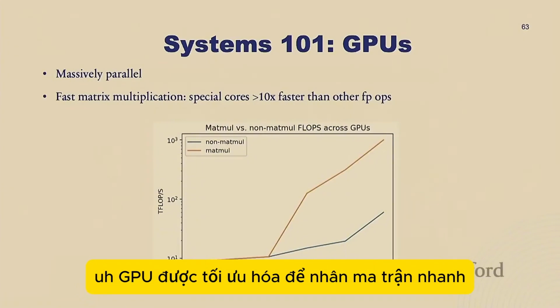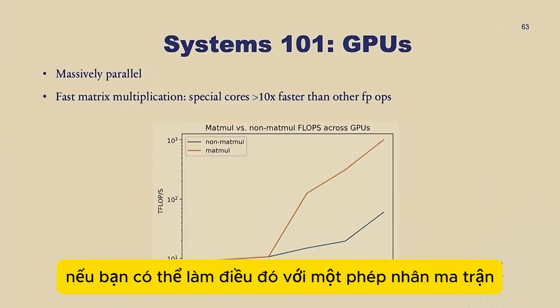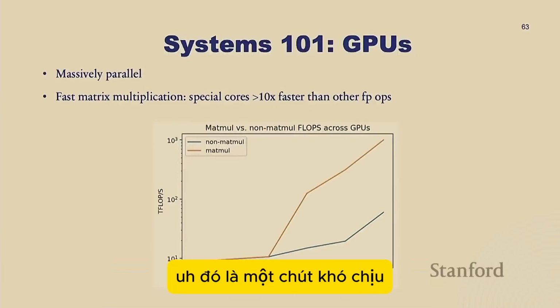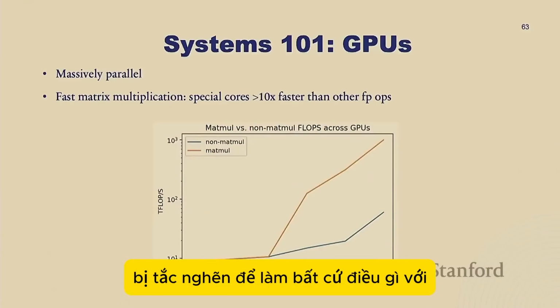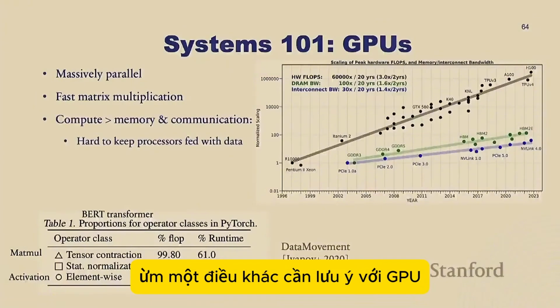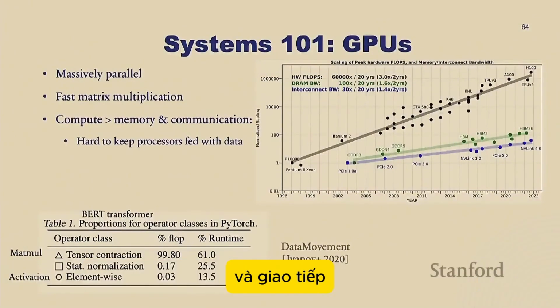GPUs are optimized for fast matrix multiplication. So every time you do something on a GPU, if you can do it with a matrix multiplication, it's going to be 10 times faster than with anything else. That is a little bit annoying because it means that we are bottlenecked to doing anything with matrix multiplications. Another thing to note with GPUs is that compute has been improving faster than memory and communication.